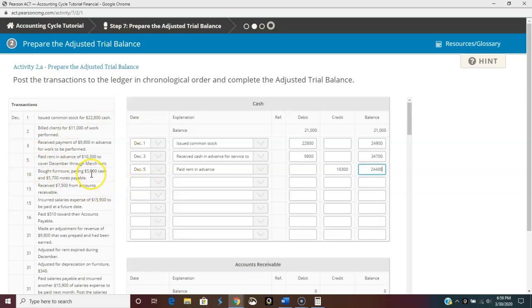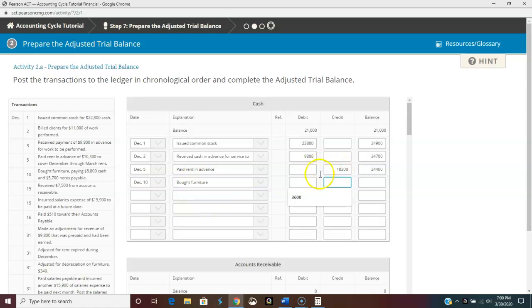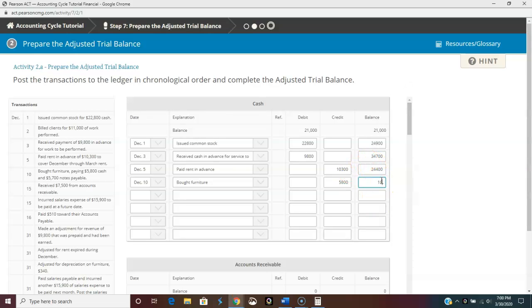Received 7,500, oh wait, bought furniture, paid 5,800 cash. So that's on the 10th. Bought furniture, 5,800. So again, we're going to subtract and get 18.6, if I'm doing it right.